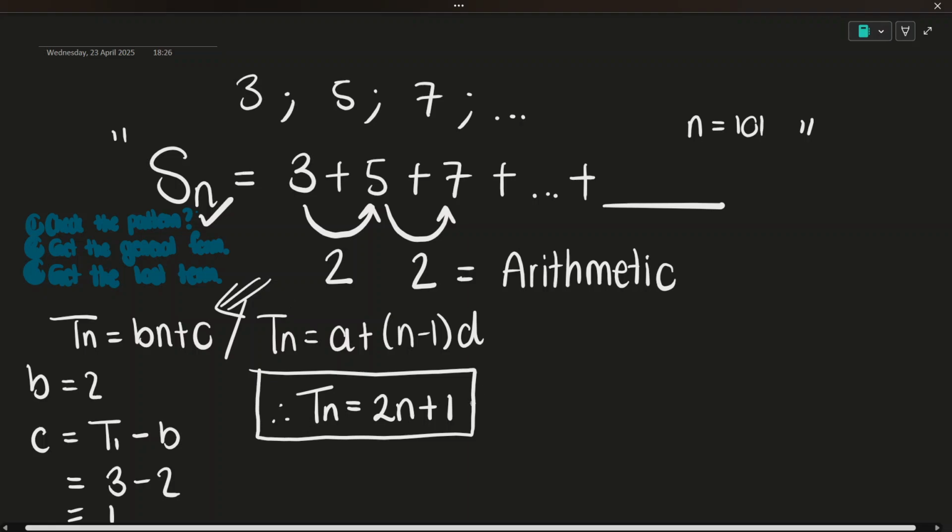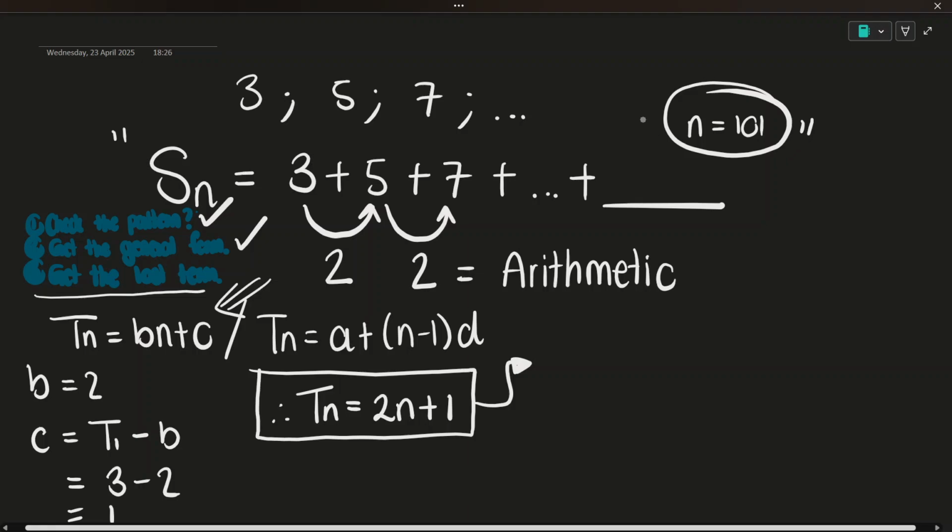Now, we move on. Now that we have the general form, let's get the last term. For this pattern, we don't need to get the last term since we made a note over here saying that n is equal to 101. Actually, we do need to get the last term.